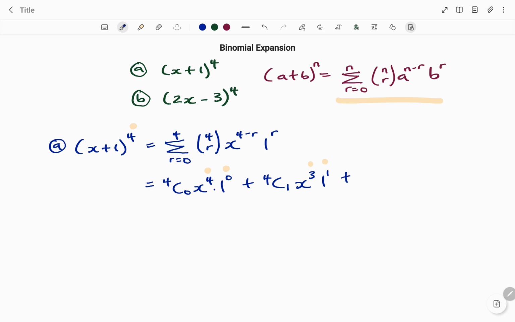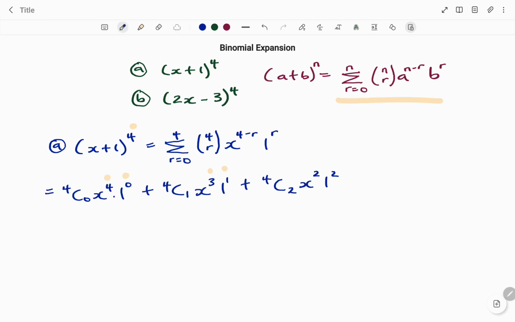We have plus 4 combination, r is going to increase to 2. x to the power of 3 drops to 2, then the power of 1 increases to 2. I'm going to move that to the left so that I can have our expansion in one row.